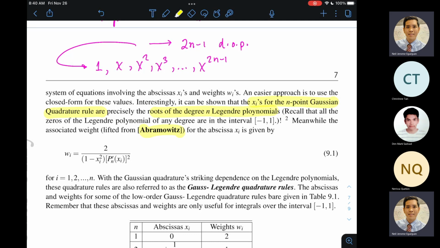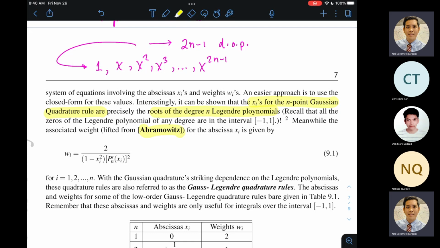If you remember from interpolation, we met the Legendre polynomials, whose roots are the optimal interpolation abscissas with respect to the L2 norm. So it turns out they have another nice property: the roots of the Legendre polynomial are the abscissas used in Gaussian quadrature rules.